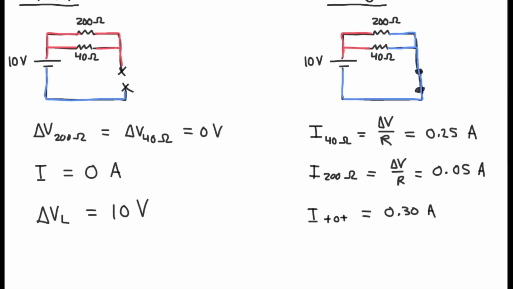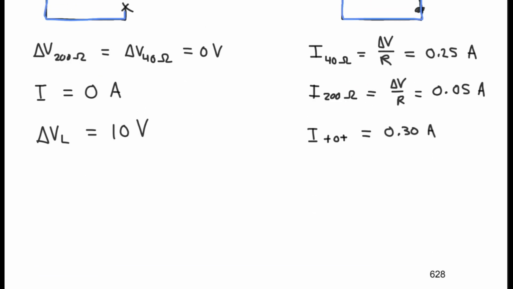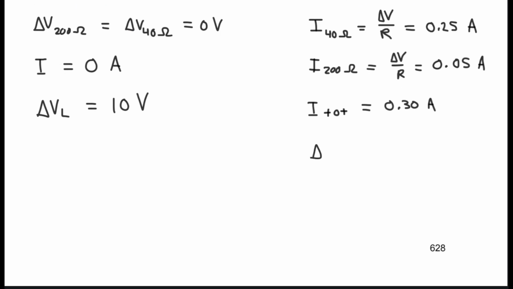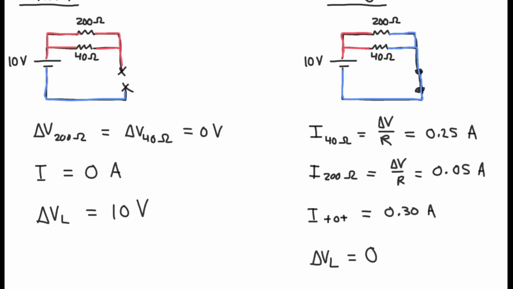Okay, and then we see that at long times, this would also be the current through the inductor, which has 0 voltage drop. All right, so we'll just circle these values and then we'll fill in the table.